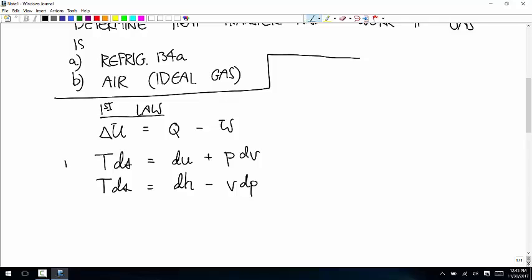So let's take this first one and divide both sides by the temperature. So we get du over temperature plus 1 over temperature times PdV. And then let's integrate it from state 1 to state 2.